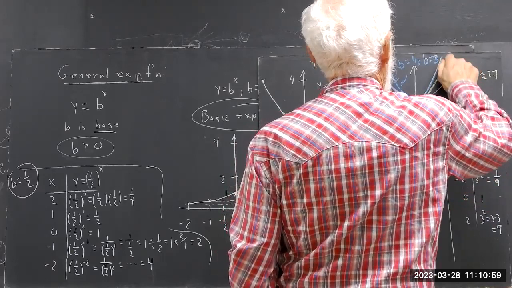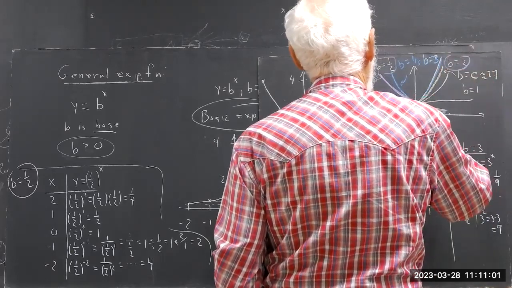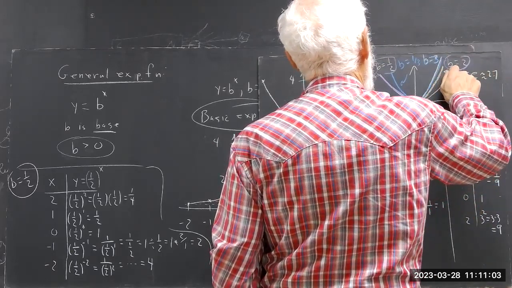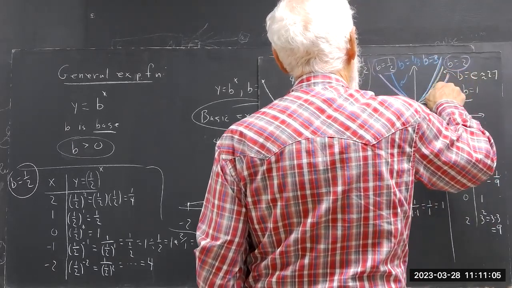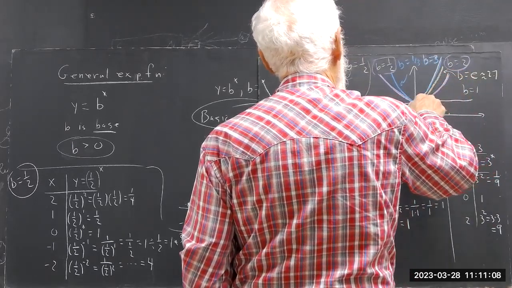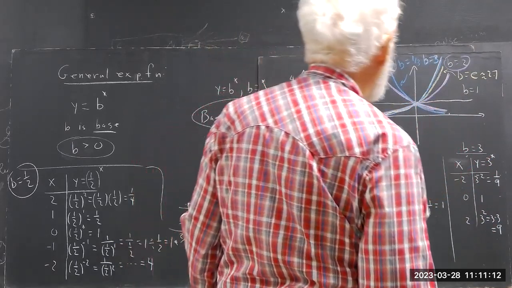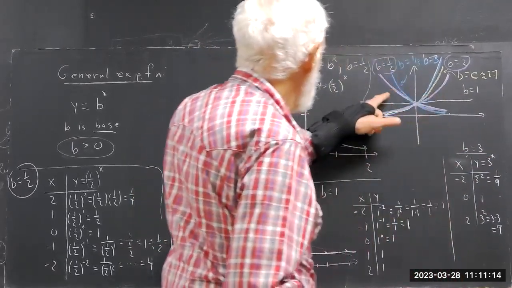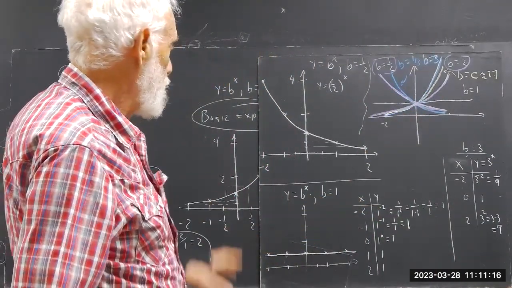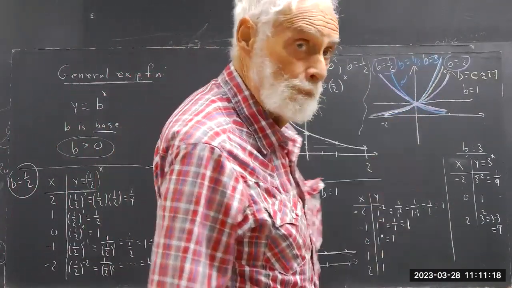There's the b equals 1/2 graph and the b equals 2 graph. So there are the two graphs corresponding to these two tables in purple.